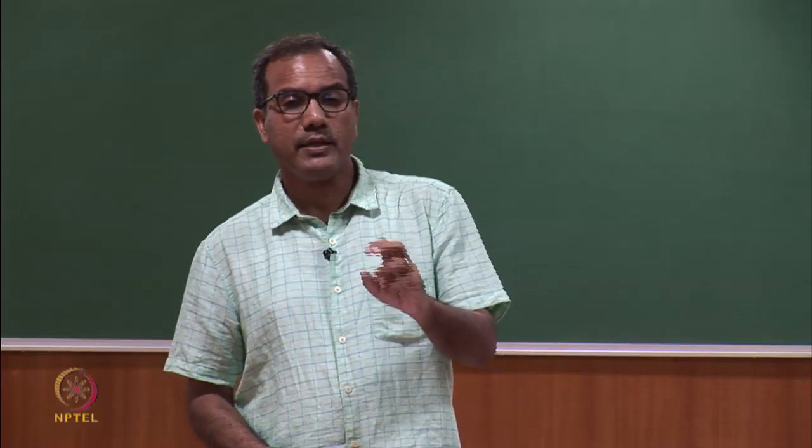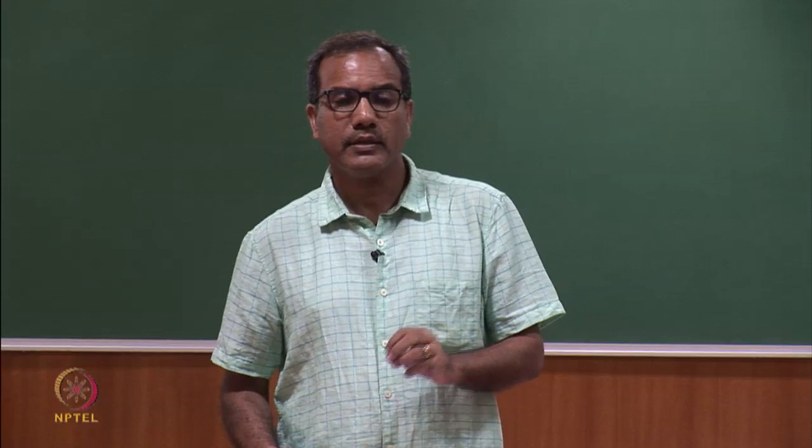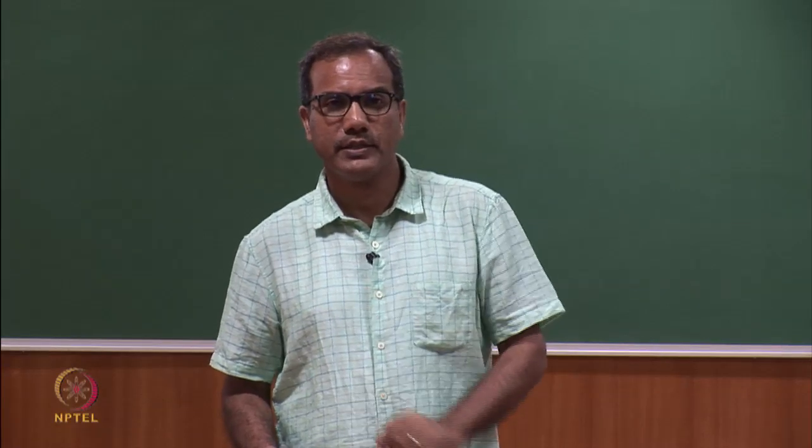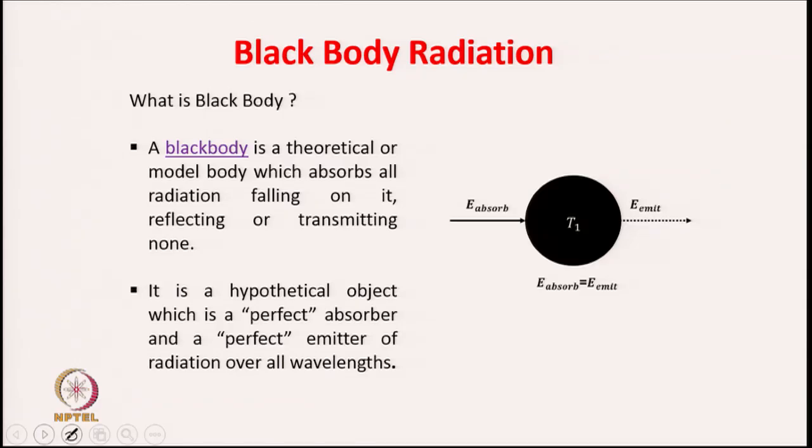So, people started to study black body radiation. First we should know what a black body is. A black body is a theoretical or model body which absorbs all radiation falling on it, reflecting or transmitting none. So, whatever falls on it, it absorbs everything.